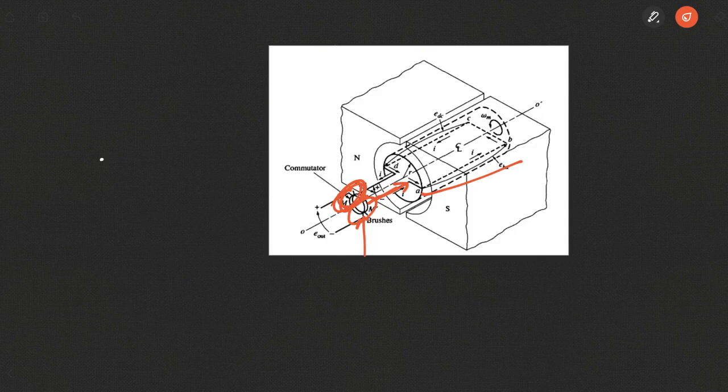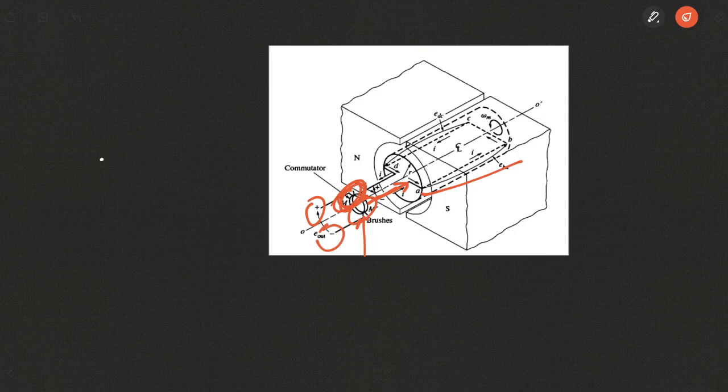So as far as the coil segment AB is concerned, it can be under the influence of south pole, it can be under the influence of north pole. So the voltage induced is positive or negative, but because of the brush segments that we are fixing here, brush and commutator segments, the output voltage will always be DC because these brushes are fixed and they'll be carrying forward only one sort of current.